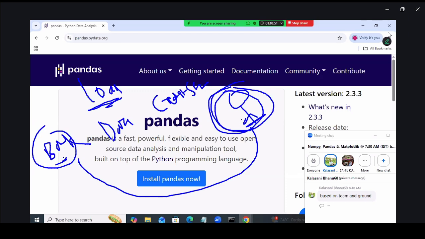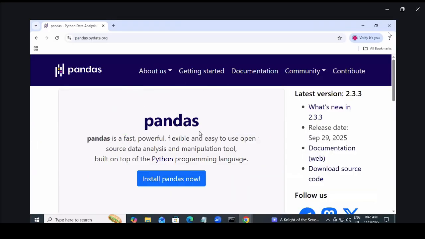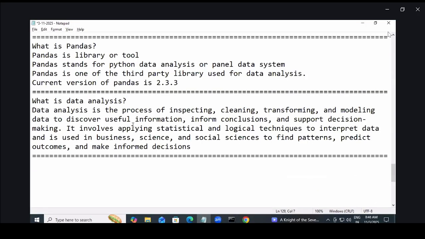They collect all the data, do some analysis, and take a decision whether to give the loan or not. All these are applications of data analysis. Here you work with different types of data structures.